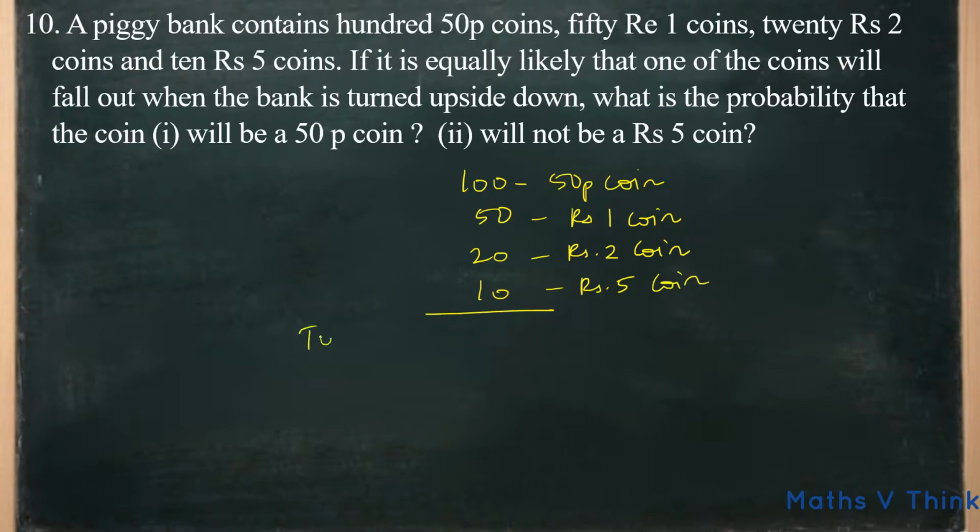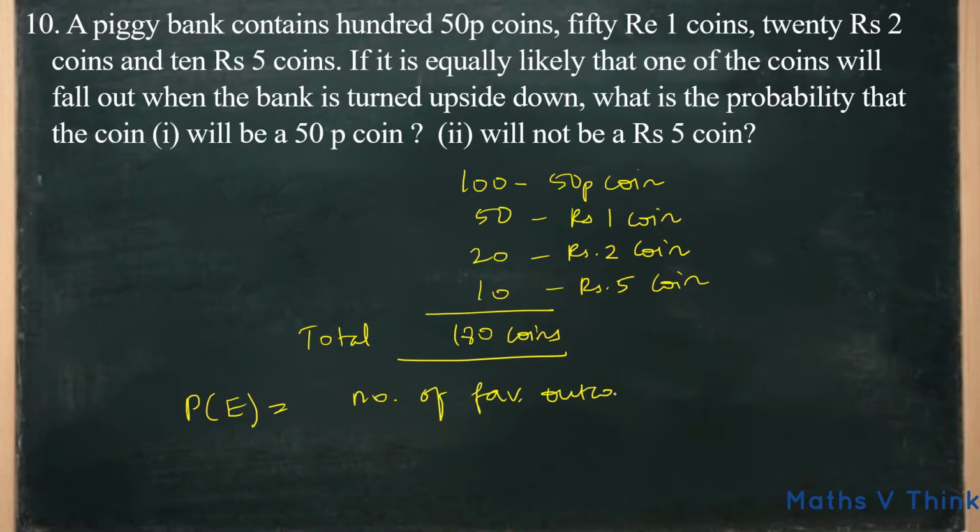So the total is 100 plus 50, 150. 150 plus 20 is 170, plus 10 is 180. So 180 coins. First we'll write the formula. Probability of an event is equal to number of favorable outcomes divided by total number of outcomes.